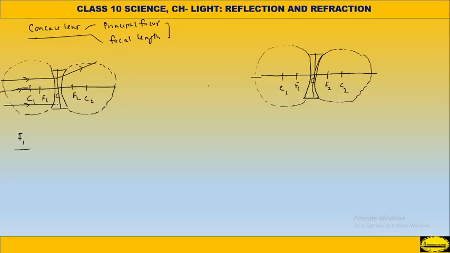They diverge away, but the diverged rays appear to be coming from the principal focus. That principal focus is where the image formation will take place.